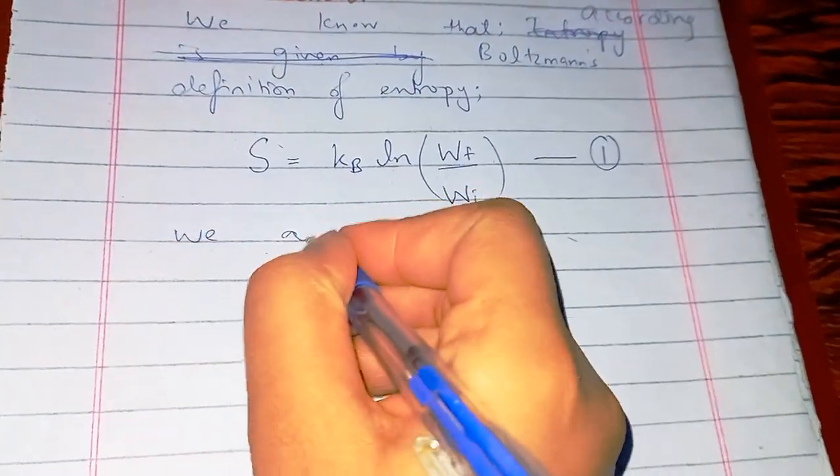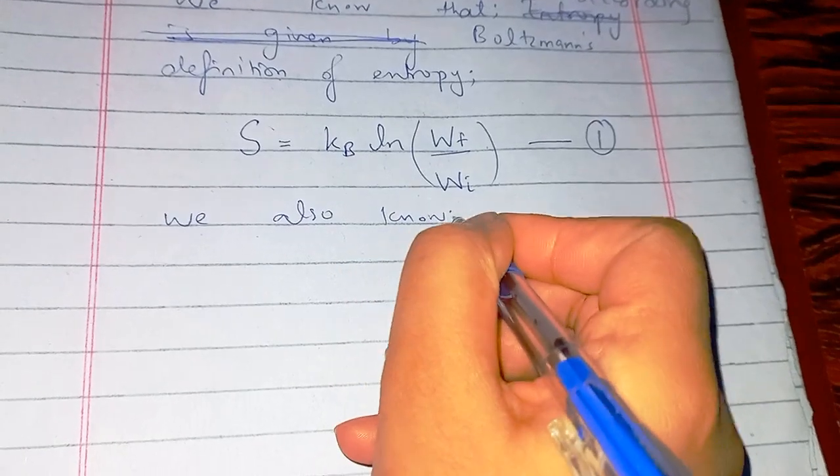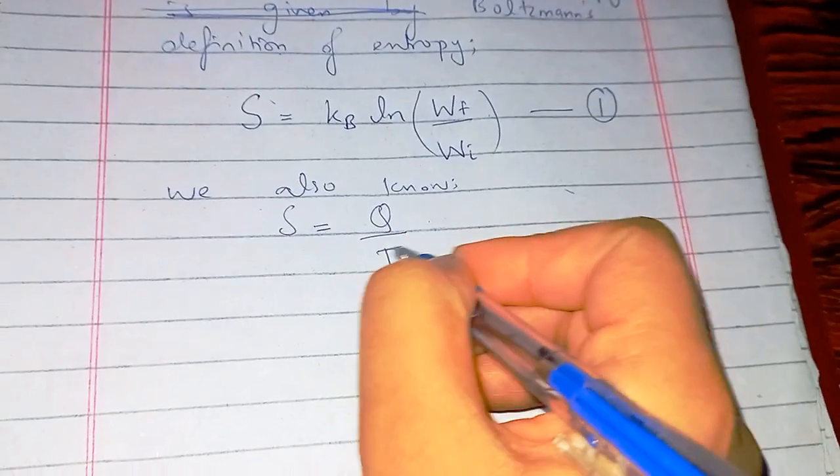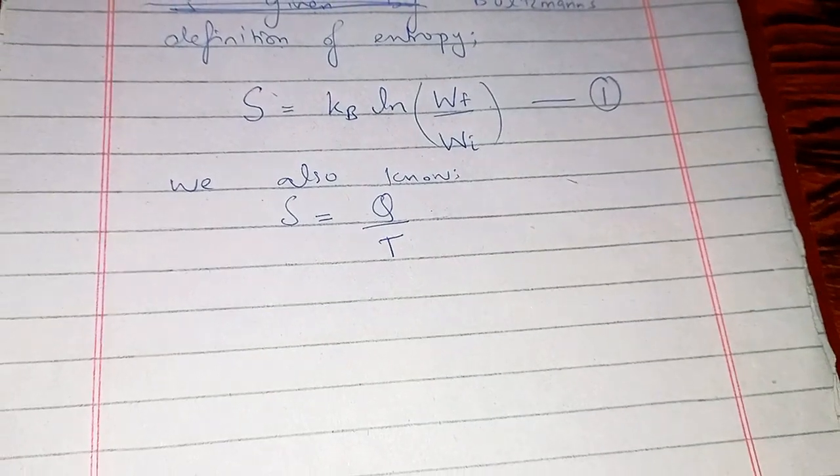We also know that in thermodynamics entropy is given by S equals Q over T when T is constant.